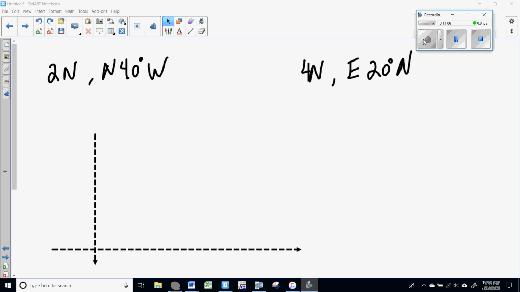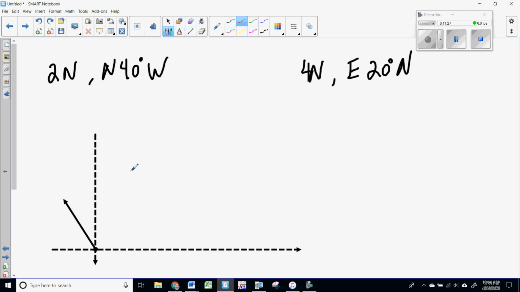So let's draw this picture out, and I'm going to try to use these lines here to make it a little bit easier than me drawing straight lines. Our first is 2 at 40 degrees, north 40 degrees west.